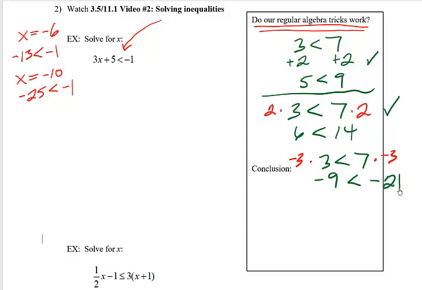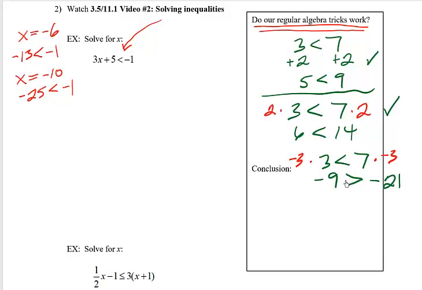Hold on, that's not true. On a number line, -9 is not to the left of -21. The only way to make it correct is to flip around the direction of the inequality symbol. This is certainly true: -9 is bigger than -21.